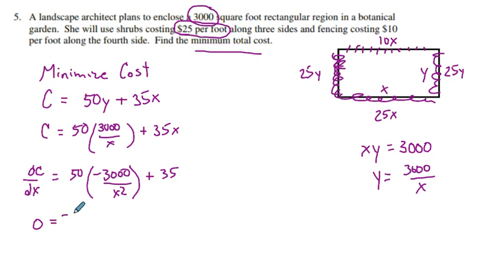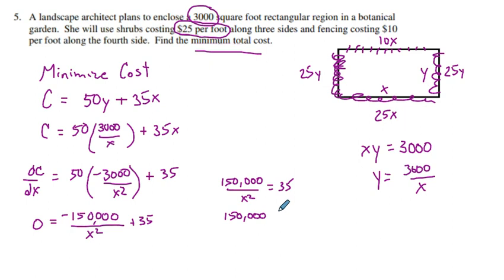So negative 150,000 over x squared plus 35. And I'll put that on the other side. So 150,000 over x squared equals 35. And I'll multiply by x squared. So 150,000 equals 35x squared.